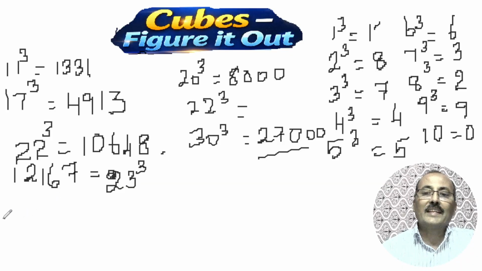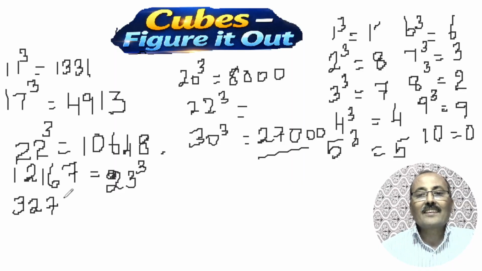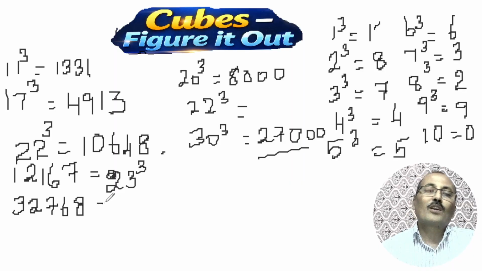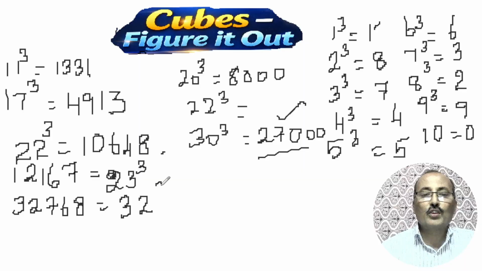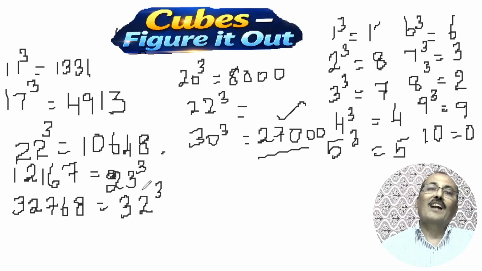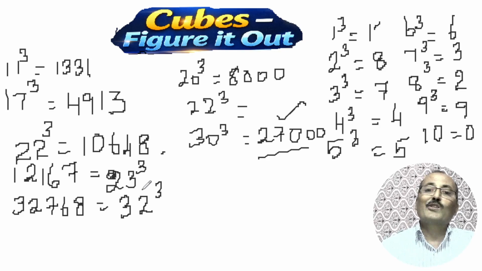Then suppose if I increase to 32,768, it goes above 30, and the ending digit is again 8, therefore you can say that it is 32 cube. Are you able to understand how to figure it out using the patterns you have seen?